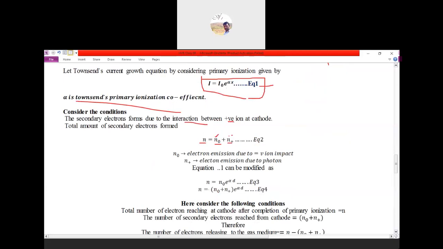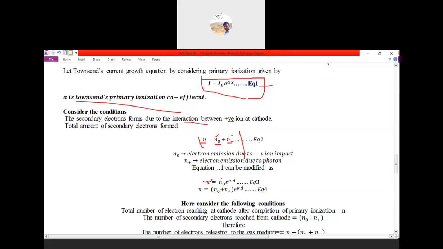Due to the positive ion impact at the cathode side, the total number of electrons produced is n naught, the initial current, and the number of electrons produced, that variable n, is equal to n naught plus n plus, that is the number of electrons produced.